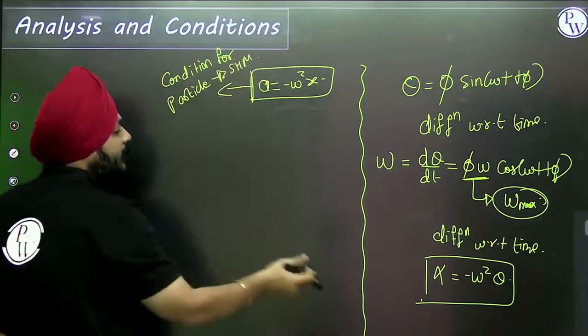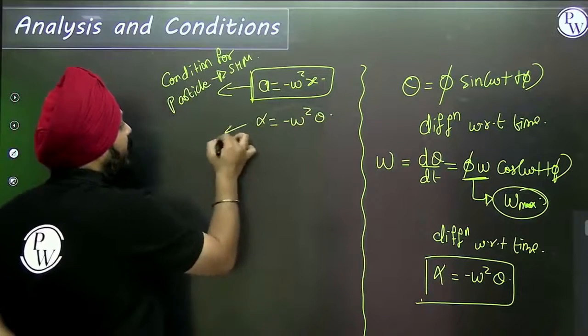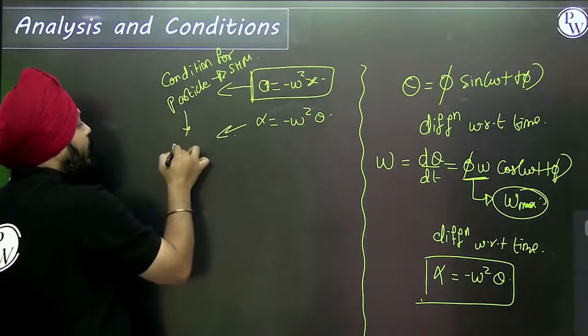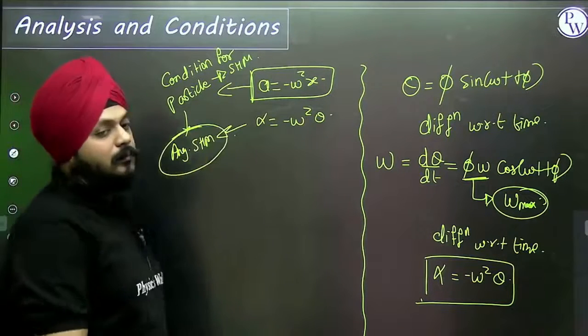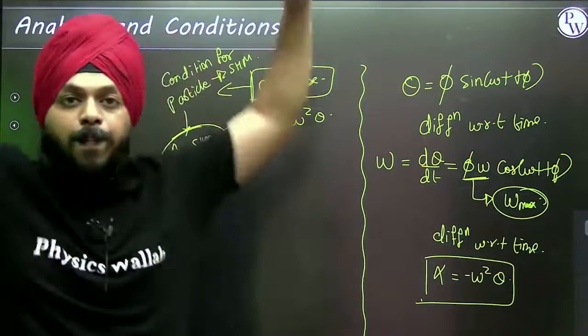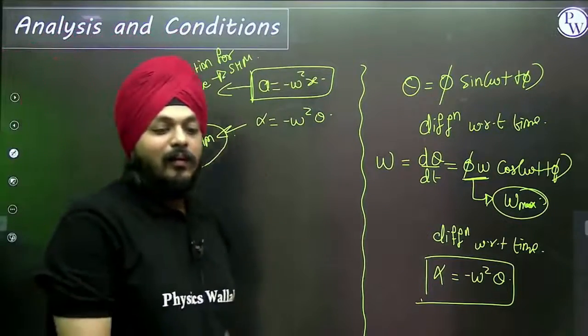Similarly here, alpha is equal to minus omega square theta is the condition for the particle to perform angular SHM. These are the only differences.